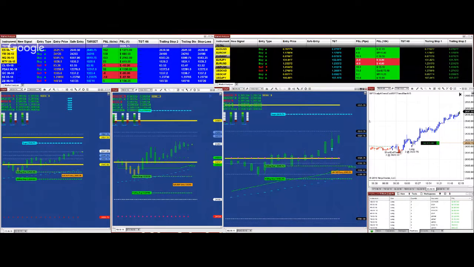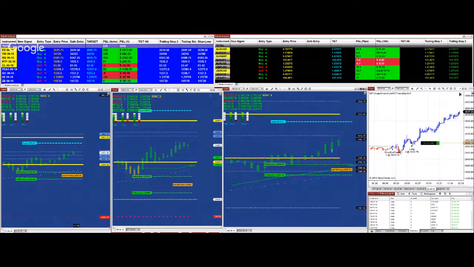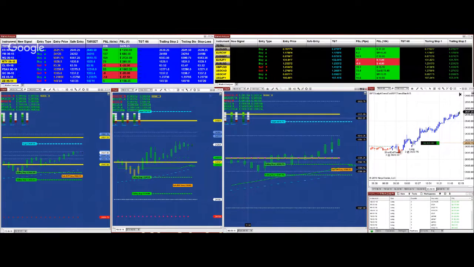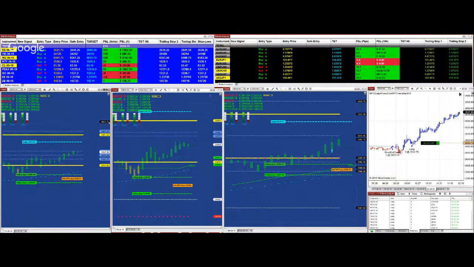Wow, there are buyers coming in on the Nasdaq, buyers coming in on the ES, buyers over the sellers. Three different time frames, you can see the buyers over the sellers. Let's see if they are able to break it.